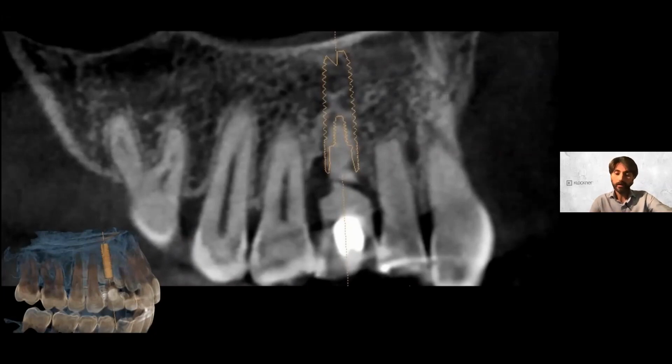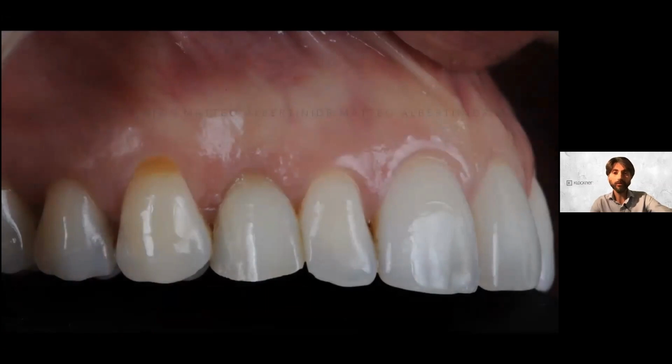We can use this technique as well in less favorable cases with bone defects, but we still consider this a favorable case. We have a bone defect, but the soft tissues are very good, in a good position. We have to consider we have an abfraction and a small recession on the tooth 1.4.